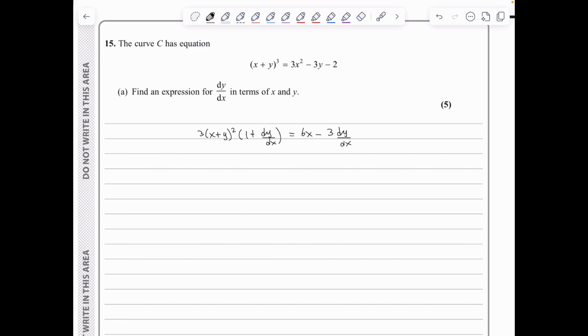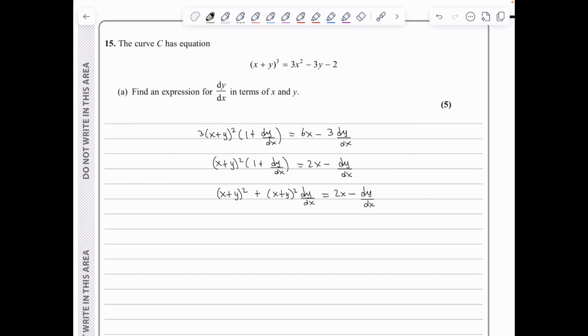I will proceed by dividing throughout by 3 to get (x + y)^2 times (1 + dy/dx) being equal to 2x - dy/dx, and then I will expand the left hand side to get (x + y)^2 + (x + y)^2 dy/dx being equal to 2x - dy/dx.